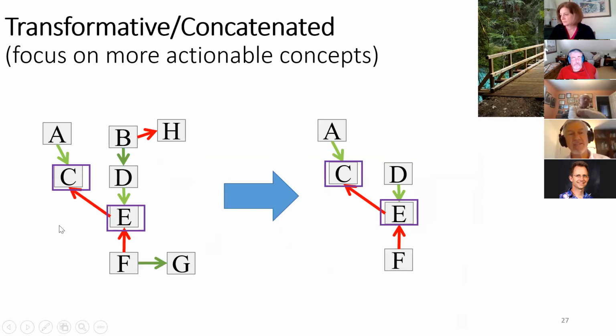You might think of it as multiple views of the same thing, but ultimately those concatenated or transformative concepts with more than one arrow pointing at them are the ones that are more actionable, better understood. So hypothetically, you could cut some of the extraneous concepts out of the map and just focus on those that are pointing directly at the transformative, actionable concepts.